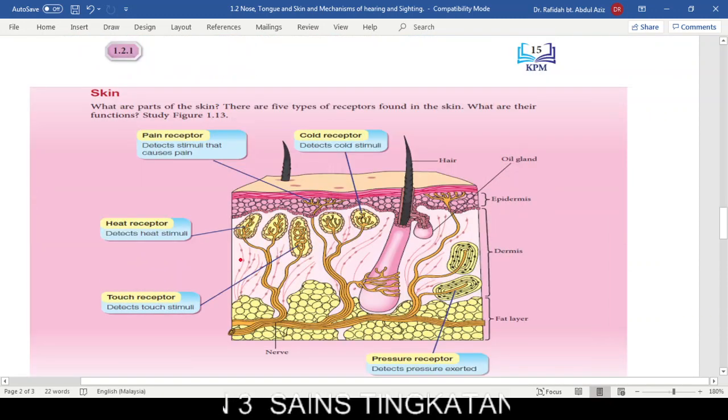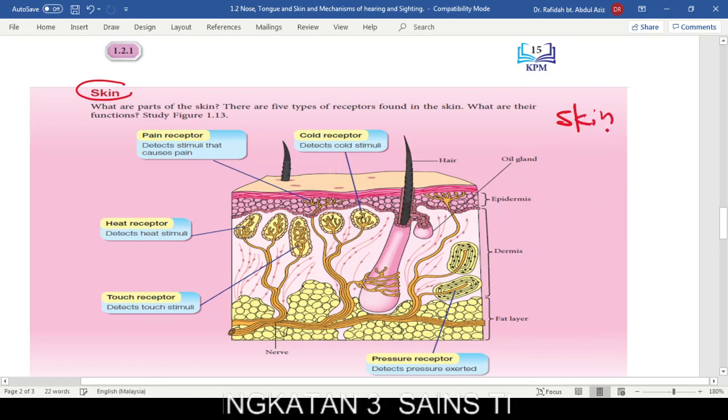Okay, the last sensory organ that we will discuss today is the skin. What you have to know is that skin has 3 layers.